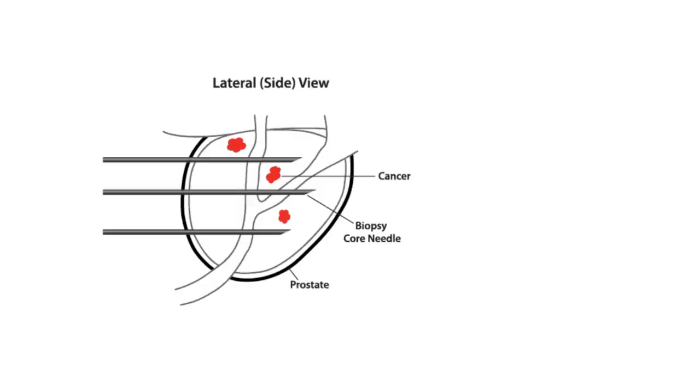Right? And the reason why that's important is because there's something called undersampling in prostate biopsies. Undersampling. What does that mean? That means that they took 12 or 16 cores of your prostate, but they might have missed the actual tumor. Okay?